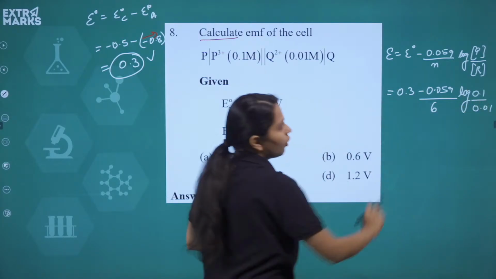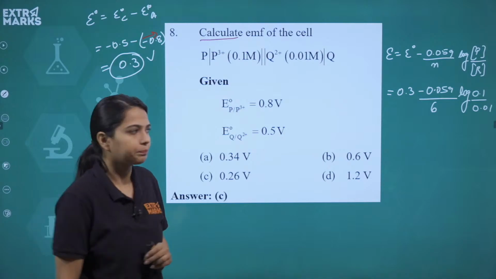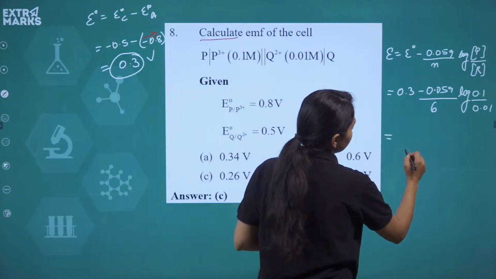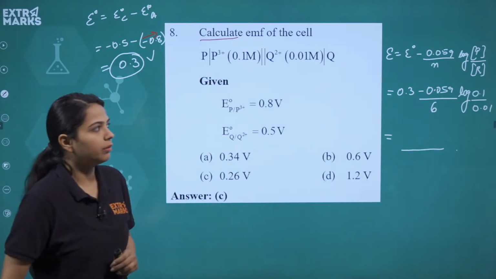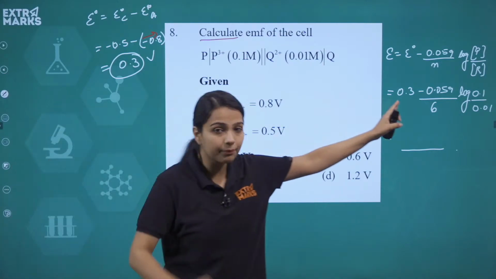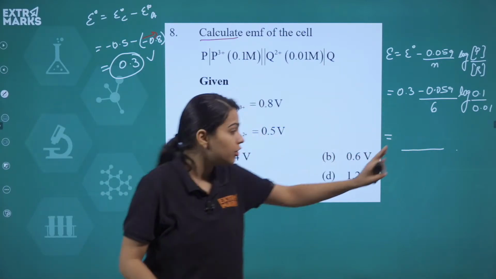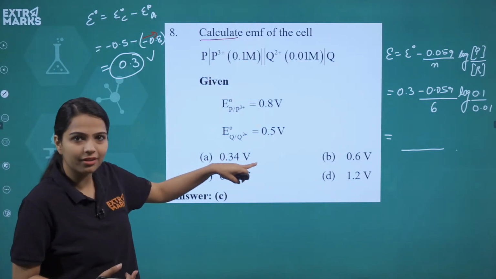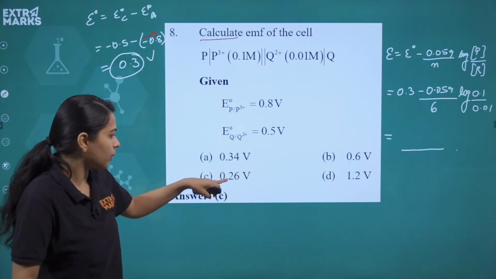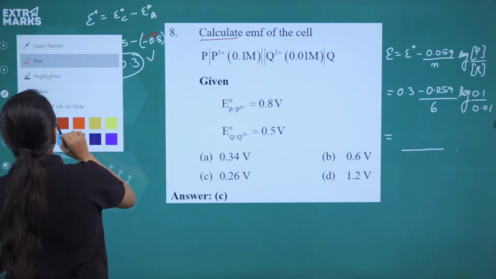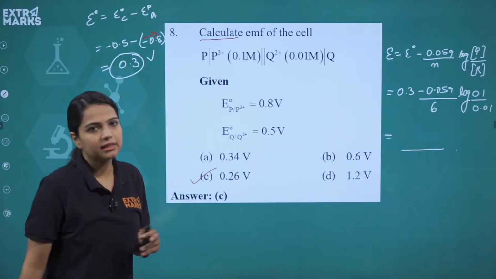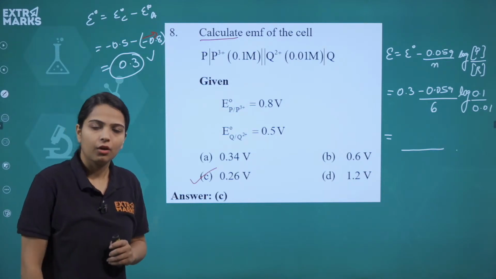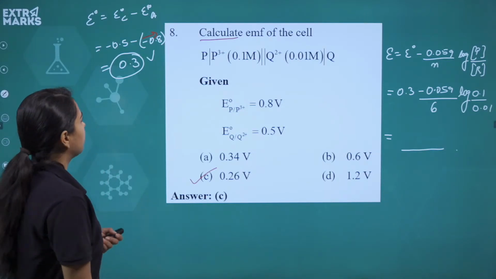So this will be log 10, which will be equal to 1. Okay. Now when you solve this complete thing, something will be subtracted from 0.3. So our answer has to be less than 0.3. It cannot be more than 0.3 here and not very less than that. So the answer is by default option C. You don't have to even calculate this. The answer will be 0.26. Alright, moving on, question number 9.